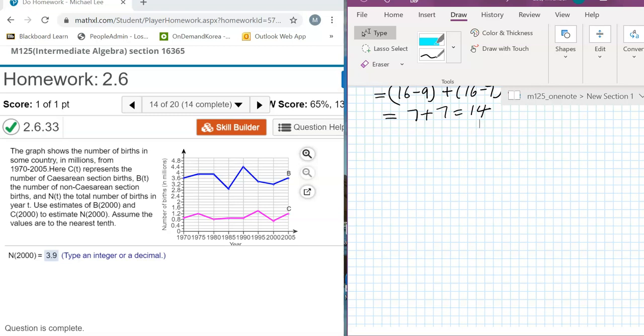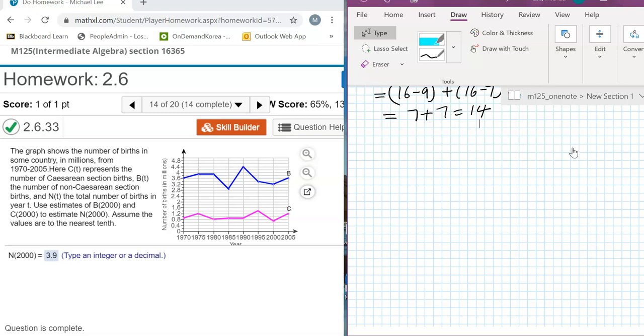CT represents the number of cesarean section births, BT the number of non-cesarean section births, and NT the total number of births. So use B2000 and C2000 to estimate N2000. So N2000 is the total number of births.